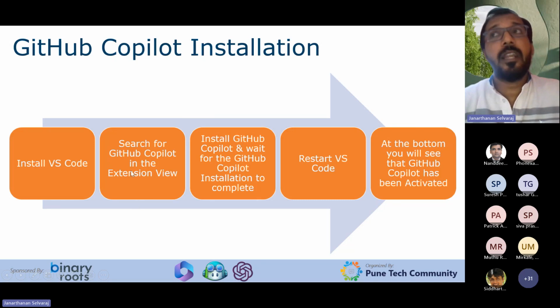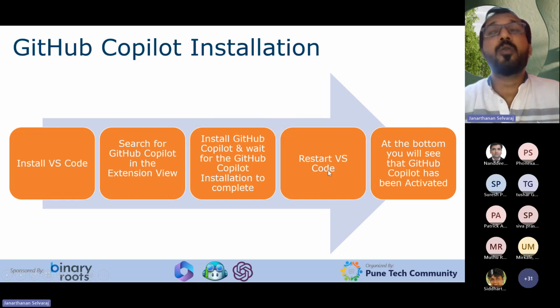Once you find the GitHub Copilot extension in Visual Studio Code, you start installing it, and you have to wait for the installation to complete. Once the installation is successfully done, it is always recommended to restart your Visual Studio Code so the tool is successfully integrated into your application.